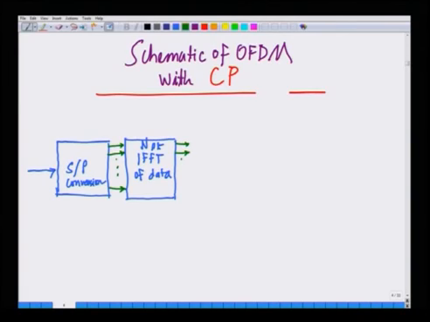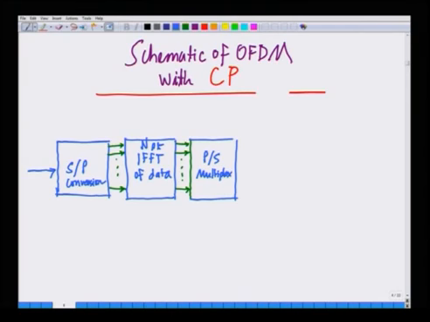Subsequently, I convert this into a serial stream of data. This is the parallel to serial or multiplexing operation.